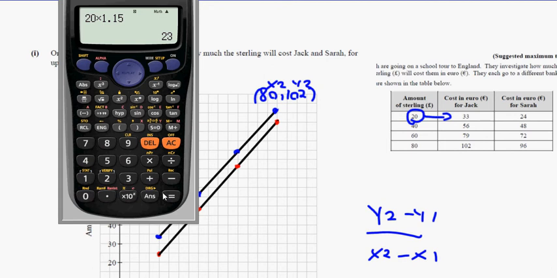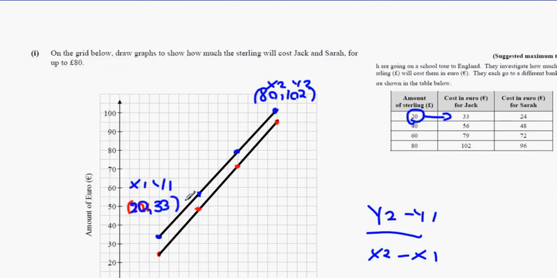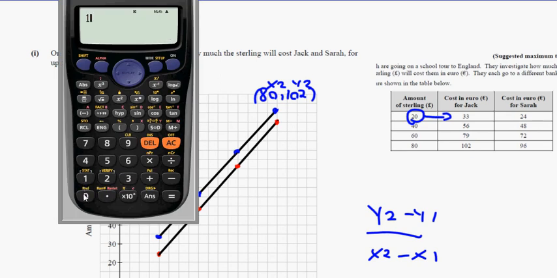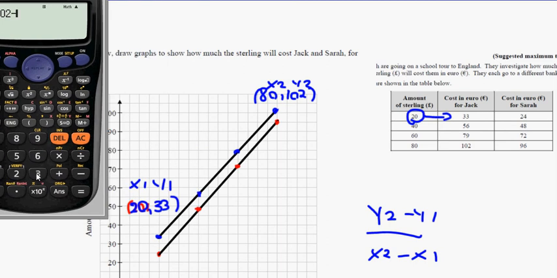Let me see. One more second with that. So 102 take away 33, that's y2 minus y1, and then divide that by 60, because that's 80 minus 20. And what you get is 1.15.